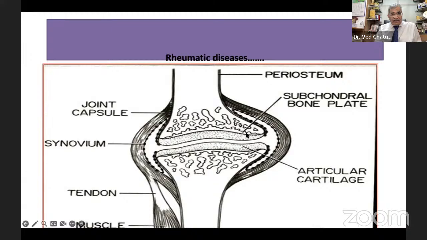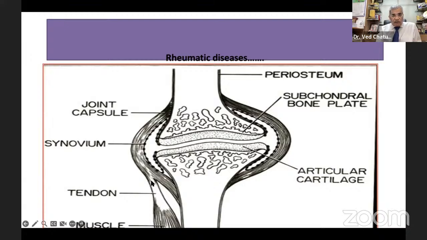This is a joint. If the basic pathology is in the cartilage, which is the most common disease, this is called osteoarthritis. But if the basic pathology is in the synovium, then the disease is rheumatoid arthritis.